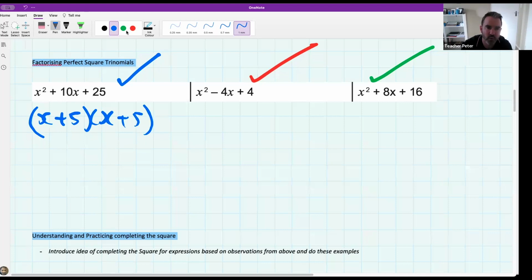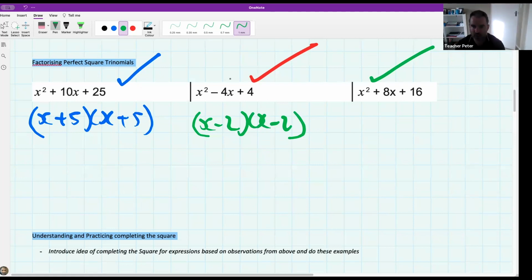For the second one, we get x minus 2 times x minus 2. Agreed. And what about the last one? What do we get for that? Welcome to Amy.